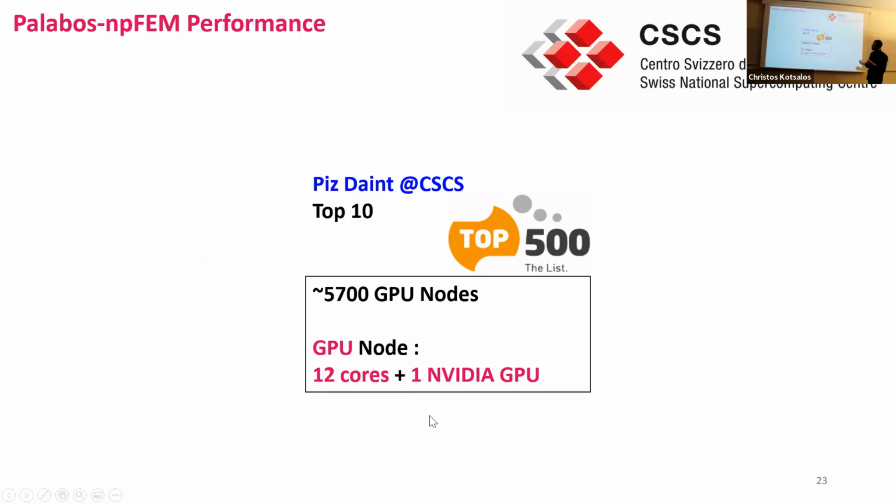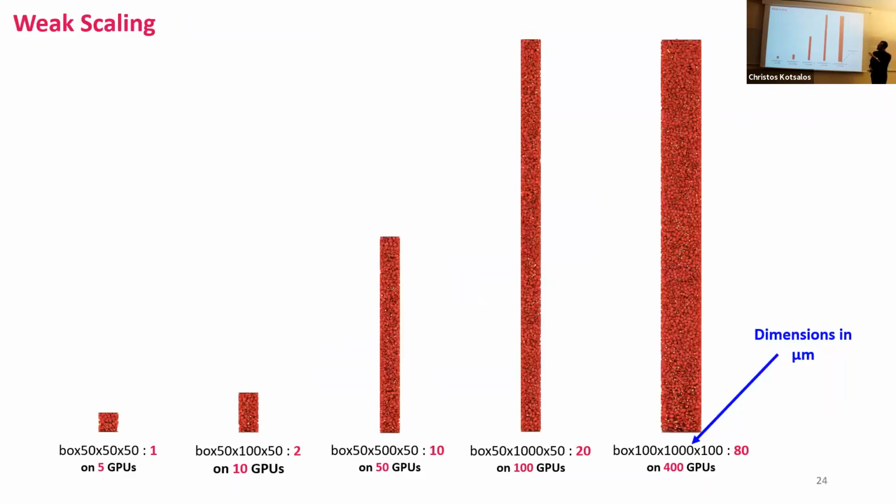So now, in order to test the performance of our computational framework, we did this through a weak scaling study. In the weak scaling study, we are starting from this small domain over here, and we are gradually increasing the size of the computational domain.